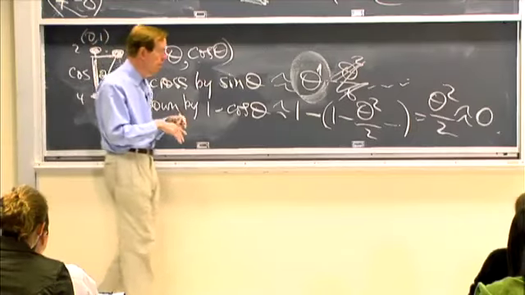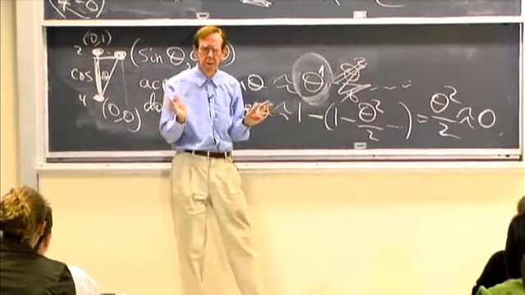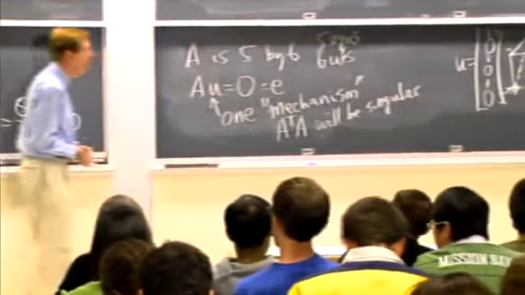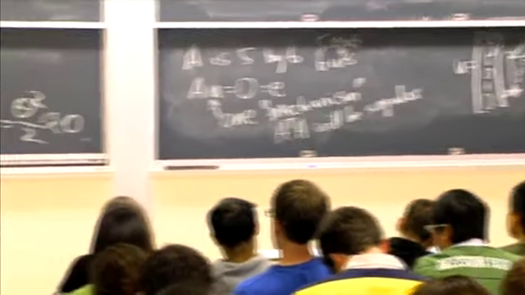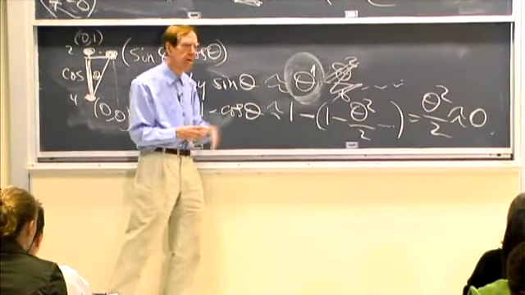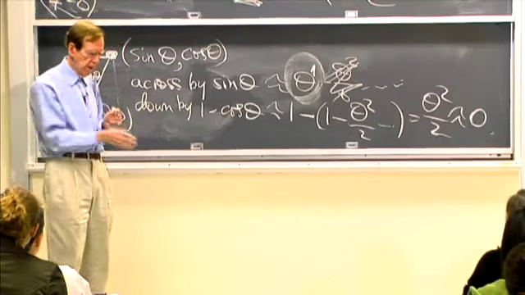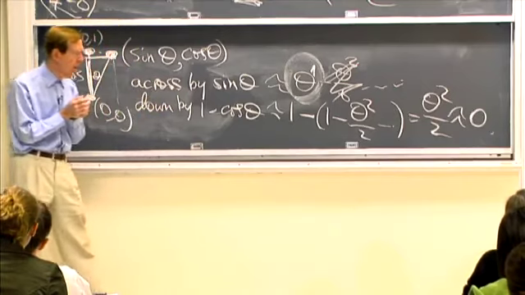So to a linear person, theta squared is 0. That's why those guys are 0. Okay. So that's an assumption we'll often see. There are two kinds of nonlinearity in structures and elasticity.